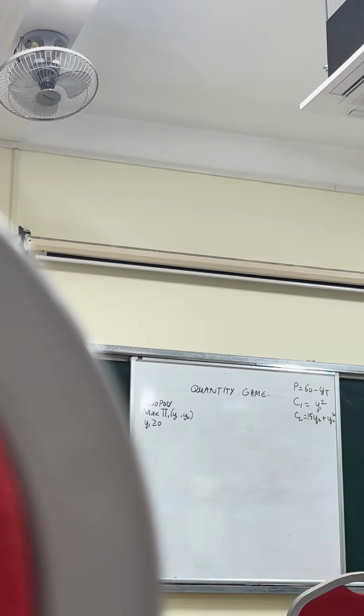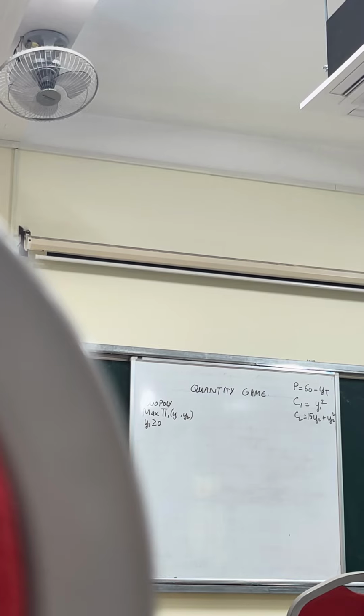Total revenue is P times y1 minus cost 1. P times y1 minus cost 1.